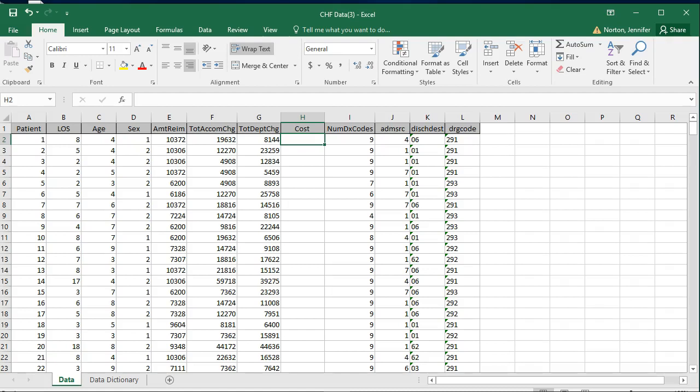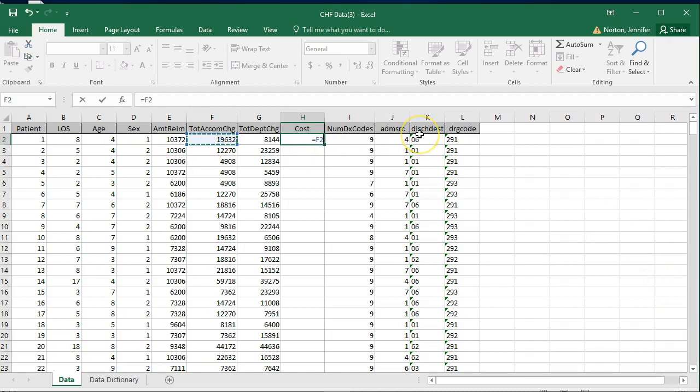So right now we are using the cost to charge ratio for General Hospital, 0.3 for the ancillary charges and 0.5 for the accommodations charge. So we know that F is our accommodations charges, and G, it's labeled as total department charge, but that is considered our ancillary departments. And so we're going to do a little calculation here. We start all formulas with equals, and the formula is given to you in your instruction sheet.